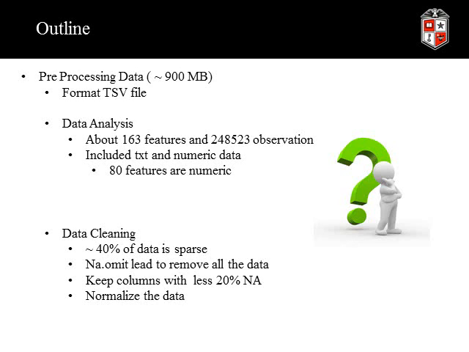To overcome this challenge, I removed the columns out of those 80 features that have more than 20% missing data. It ended up with about 16 columns or 16 features that I will start working with on different algorithms.